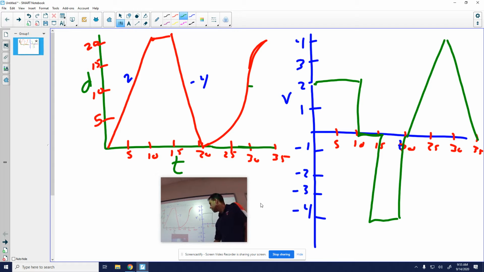For this segment, we just know we're speeding up. We don't really know how fast we got going, but looking at the steepness, this is even steeper than that, so I went with 4. You won't really have to know how to do that part for curved lines, but at least you can see the speed is increasing and then decreasing. Here, when we have constant velocities, we can get the exact right number.